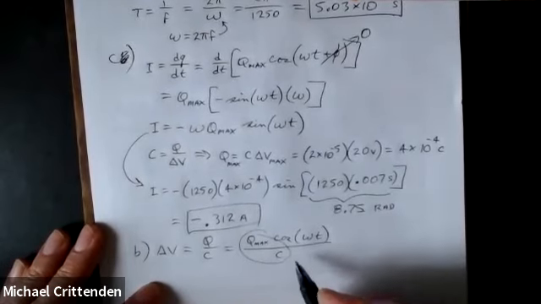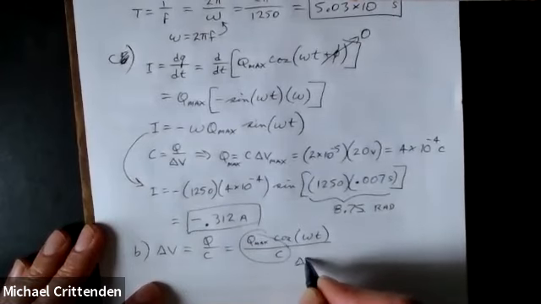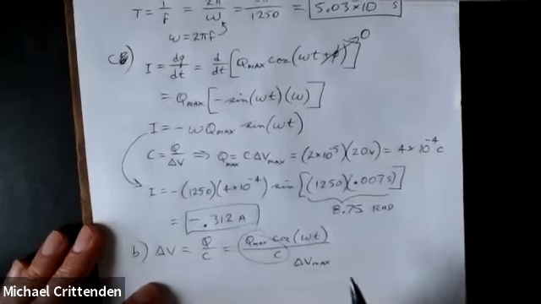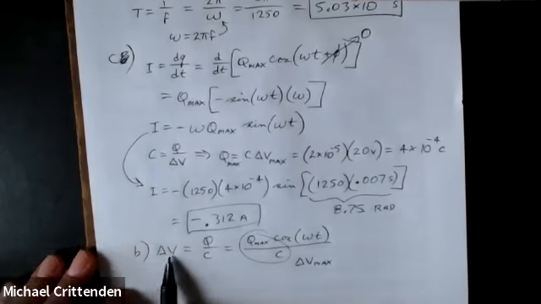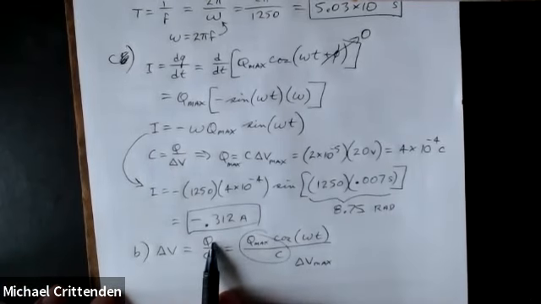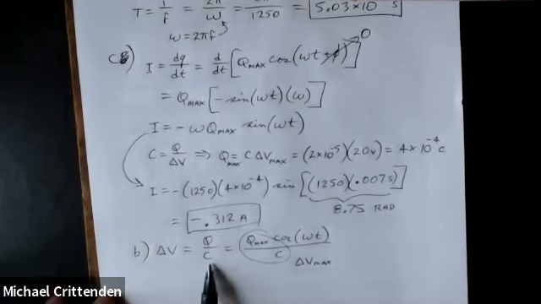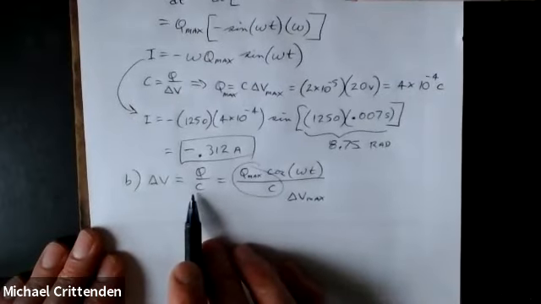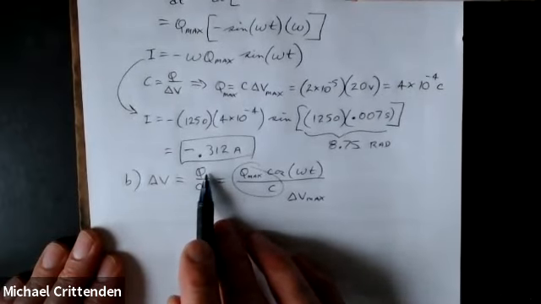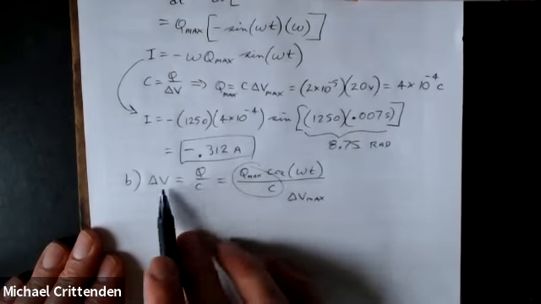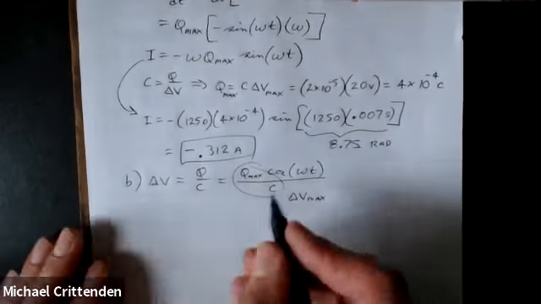Q max over C would be the maximum voltage. Any voltage is equal to the corresponding charge divided by the capacitance, and that includes the maximum voltage, or the maximum charge, which would correspond to the maximum voltage.